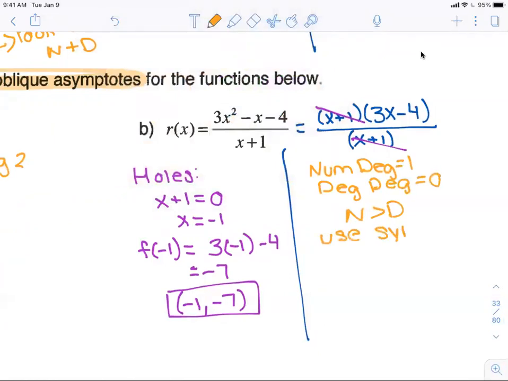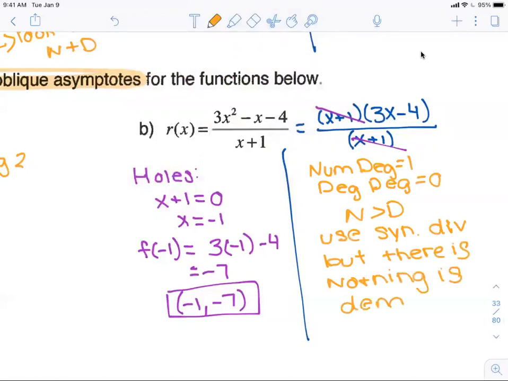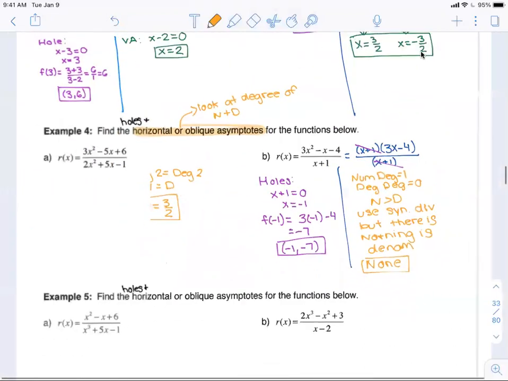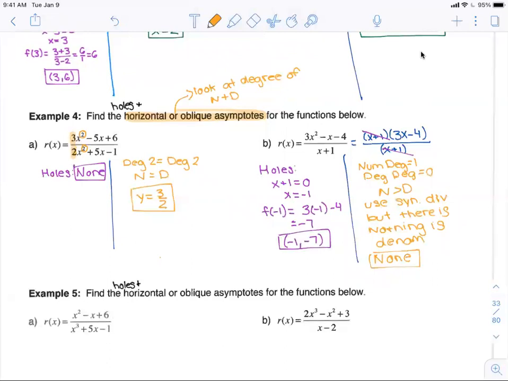But the problem with this one is you can't use synthetic division, because there's nothing left in the denominator. We canceled it, so you can't do anything if there's no number to divide by. So there is none, and that's your answer.